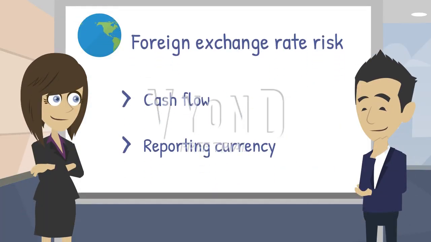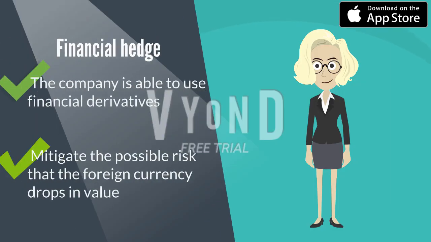The foreign companies that are purchased would generate cash flow or incur costs, and the shareholder would benefit from such cash flow. However, during the conversion process, the value of the foreign subsidiaries fluctuates considerably in terms of reporting currency. There are many strategies that are used to mitigate foreign exchange rate risk.